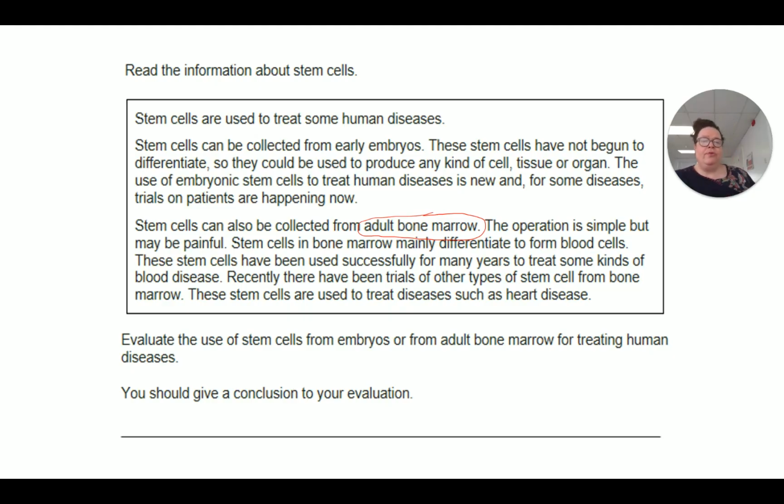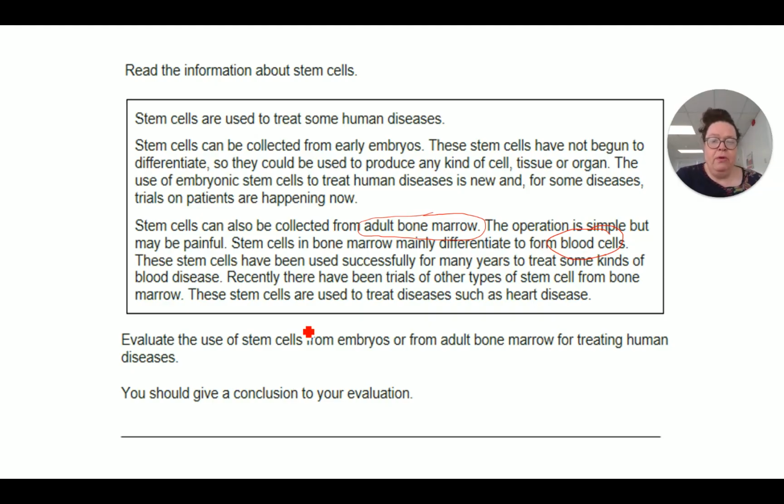They actually drill into your thigh bone to get these, but then if you need some new cells for something, you know, a bit of pain. But on these, the only type of cells that you can get from adult stem cells are blood cells. So we can't make all the other types of cell, just blood cells. So we can treat blood disease.